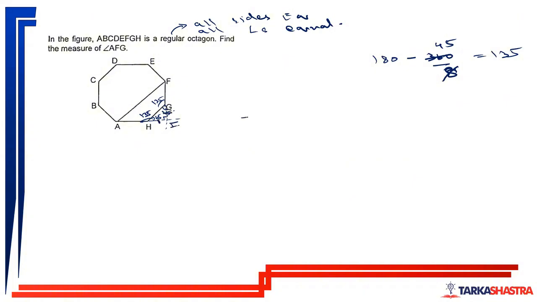Correct. Now look at this triangle A, I, F. This angle I, I have proven that it is 90 degrees. GI and HI are equal. AH and FG are equal.